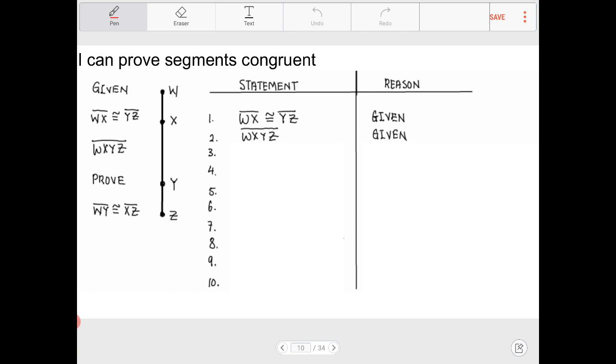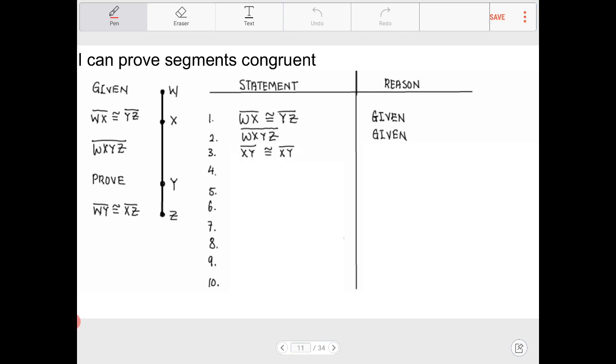But when I made these slides a couple years ago, I had that distinction in place, which is why you're going to see some lines in the two-column proof left blank, because I edited it to leave out the distinction between congruence and equality. You're going to see what I mean in a moment here.